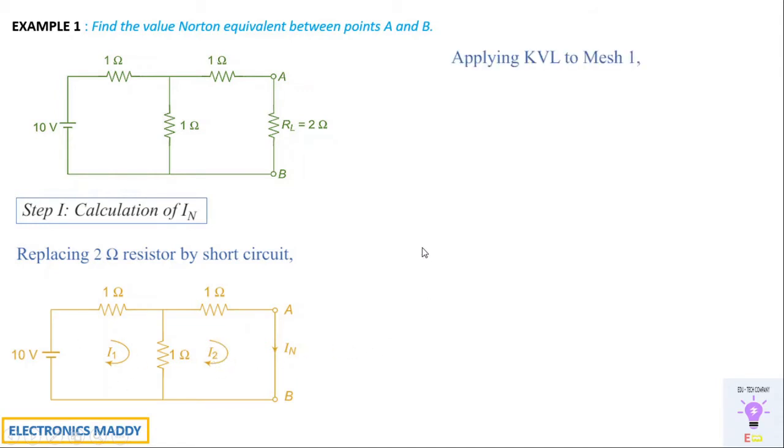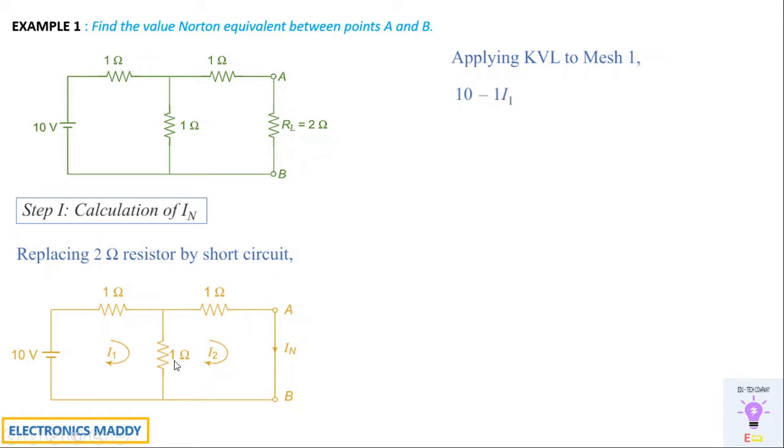Now we will start by applying KVL to mesh 1. With respect to mesh 1, you have plus 10 volt, because the current is entering at the minus terminal of the 10 volt source and leaving at the plus terminal, so we write it as plus 10 volt. With respect to the 1 ohm resistor, it is entering at plus and leaving at minus, so we write minus 1 into I1.